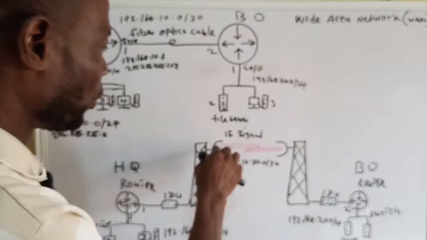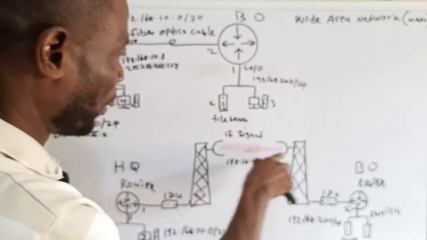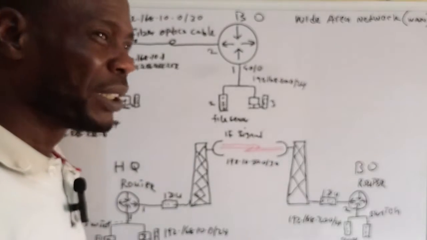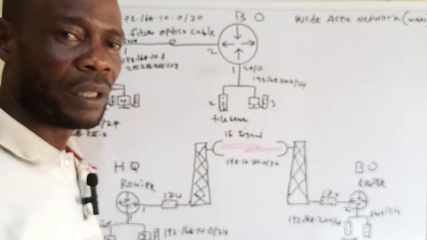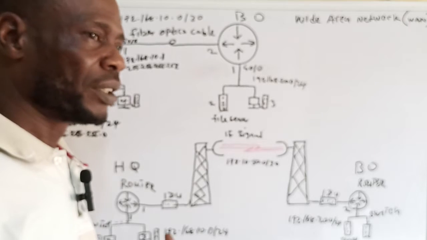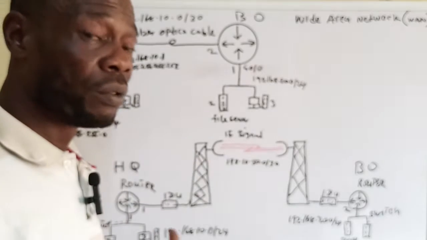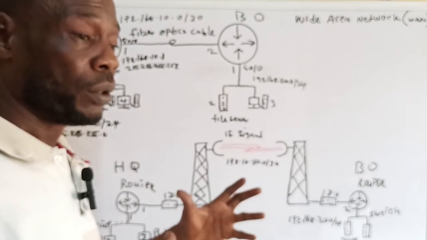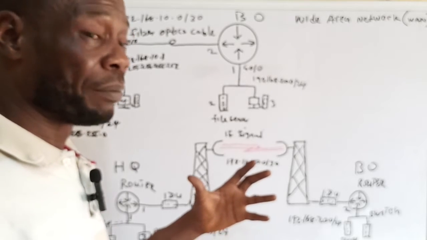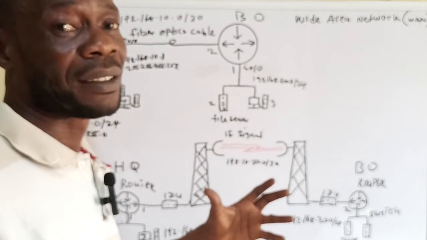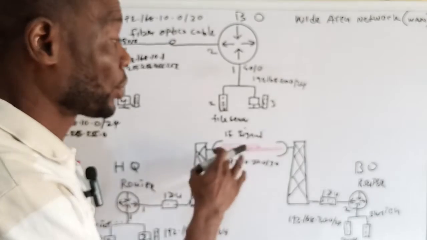These two microwave antennas need to establish a strong signal, and for that they must establish a good line of sight. Make sure there is no obstruction here.